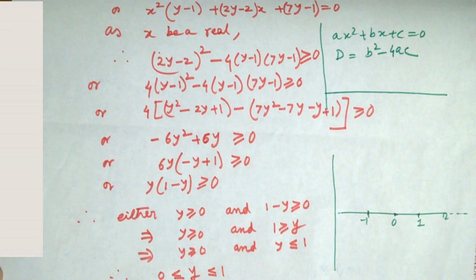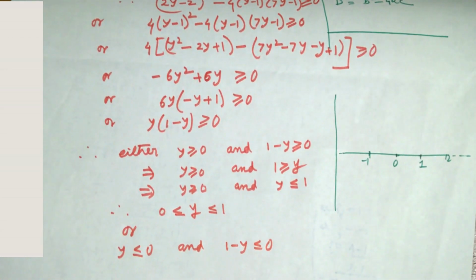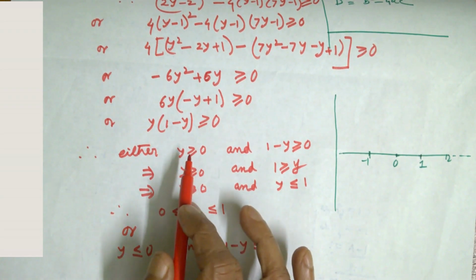But we have to consider the other case, when both factors are less than or equal to 0. That is, y is less than or equal to 0 and 1 minus y is less than or equal to 0. That means both are negative, and if both are negative, their product must be positive, that is greater than or equal to 0.